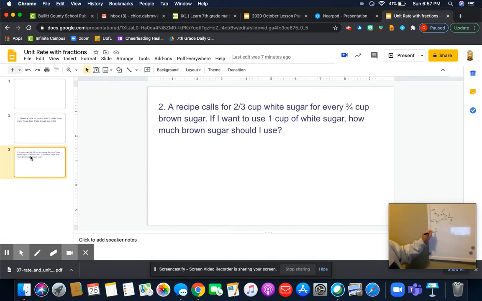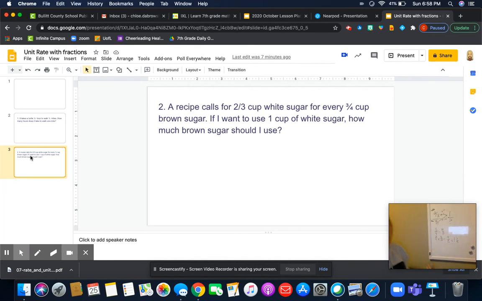So we are going to take 3/4 divided by 2/3. When we see division problems, we're going to keep, change, flip. So keep 3/4, change to multiplication, flip this around, and now I end up with 9/8, which is the same as 1 1/8.